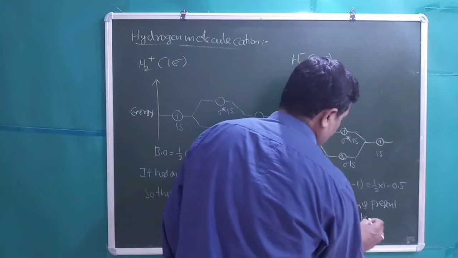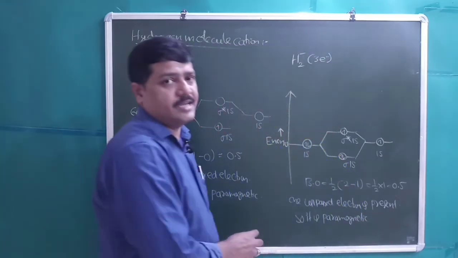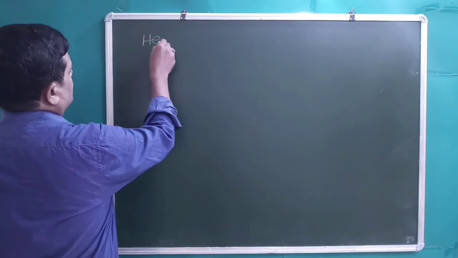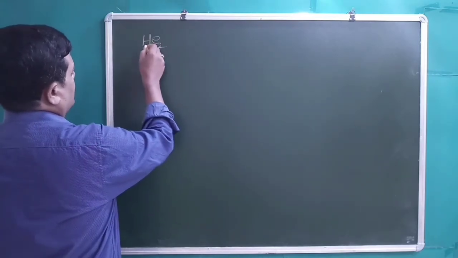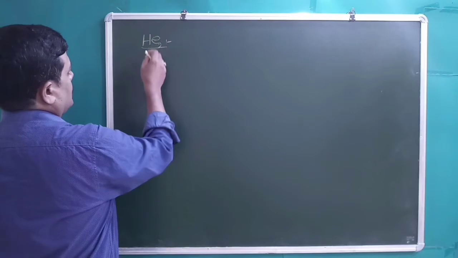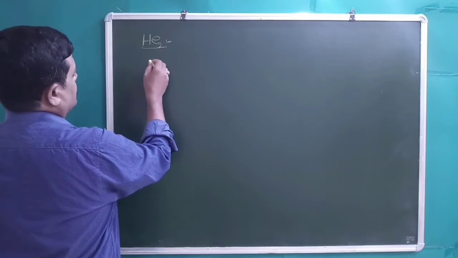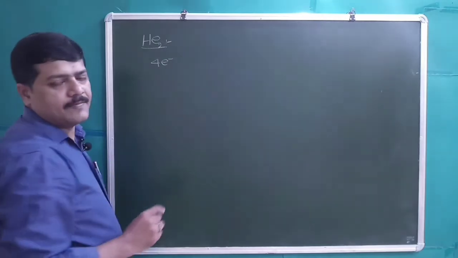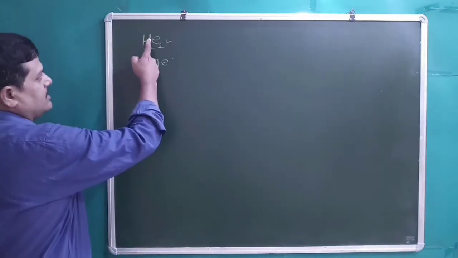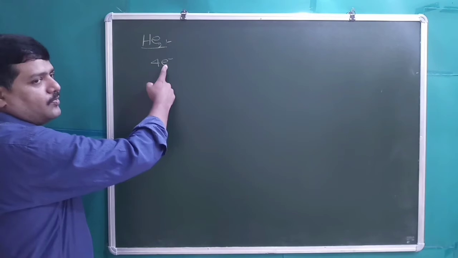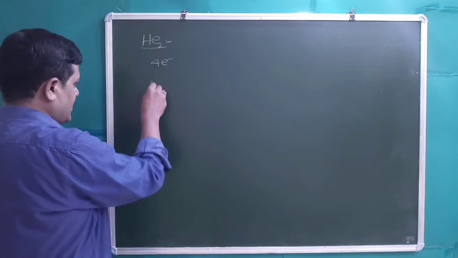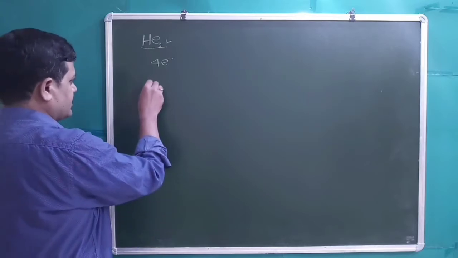Students, now let us take the He2 molecule. He2 has total 4 electrons. Helium atomic number is 2. Energy level diagram we can write like this.